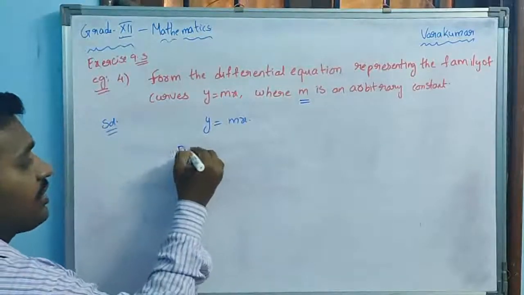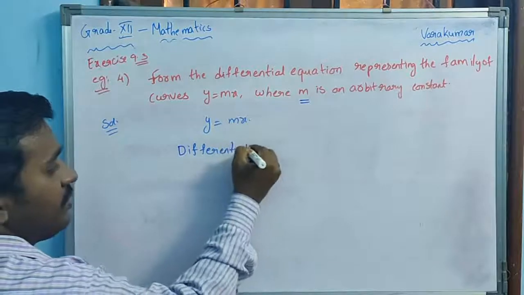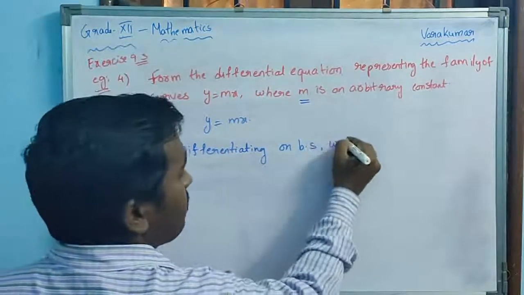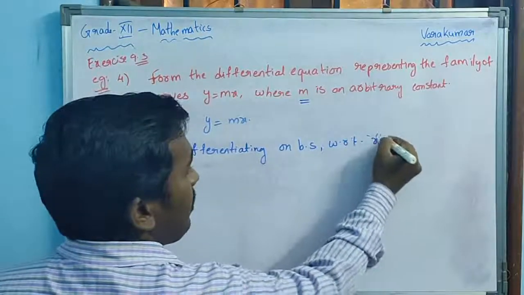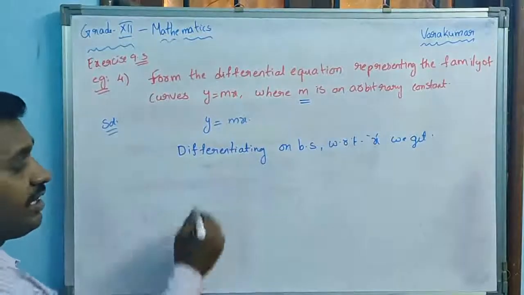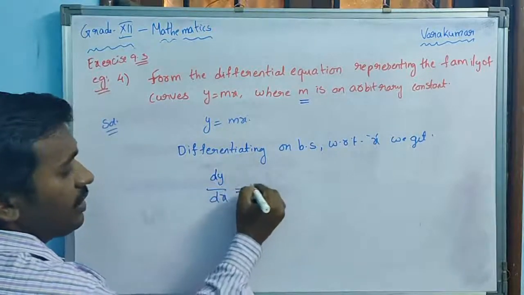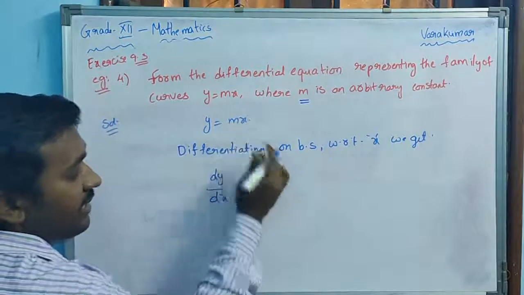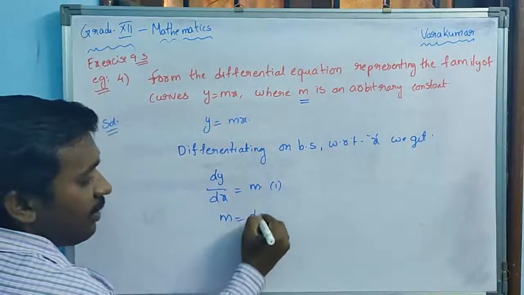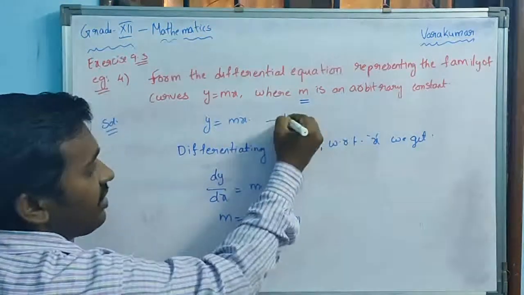So now what are we supposed to do? Differentiating on both sides with respect to x, we get dy by dx is equal to m into 1, since for x it is 1. So m is equal to dy by dx. This is number 2 and this is number 1.